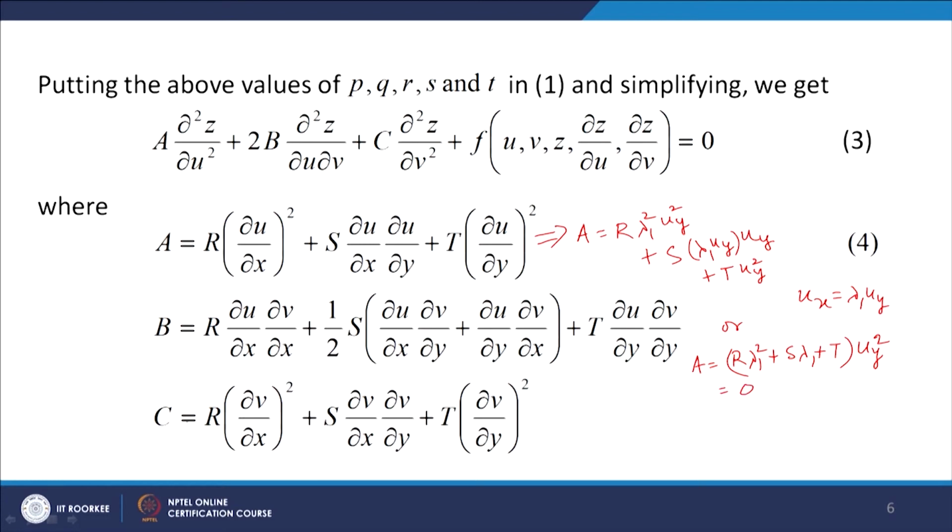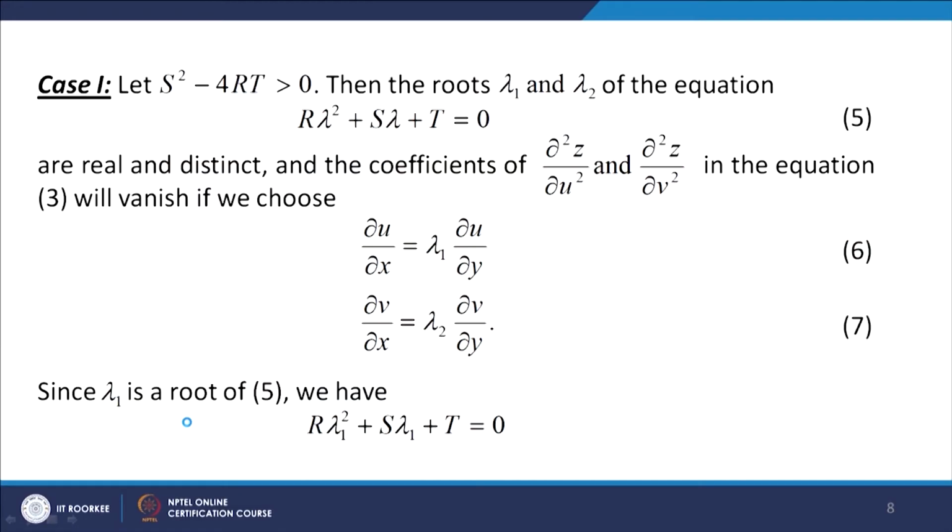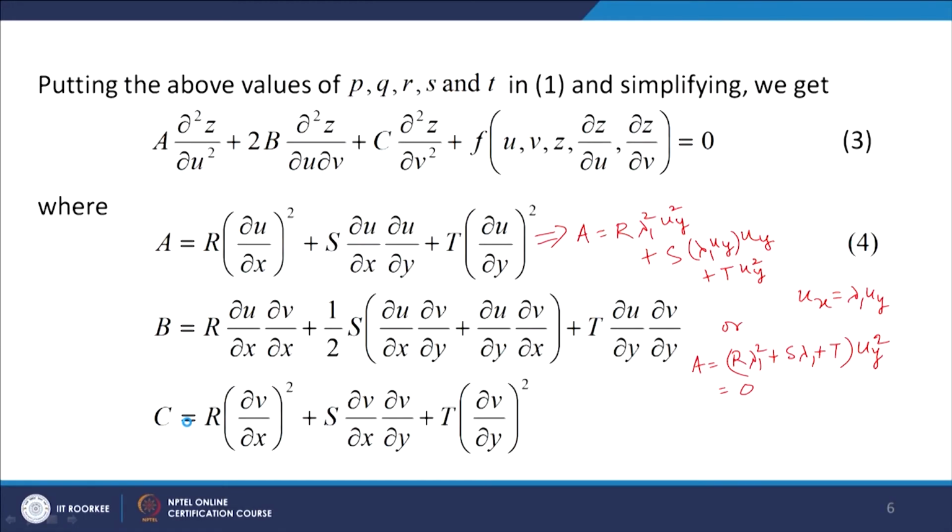Similarly, if you use this equation v x equal to lambda 2 v y, then c will be equal to, we are using v x equal to lambda 2 v y, r times lambda 2 square v y square plus s times v x, that is lambda 2 v y, into v y plus t times v y square.